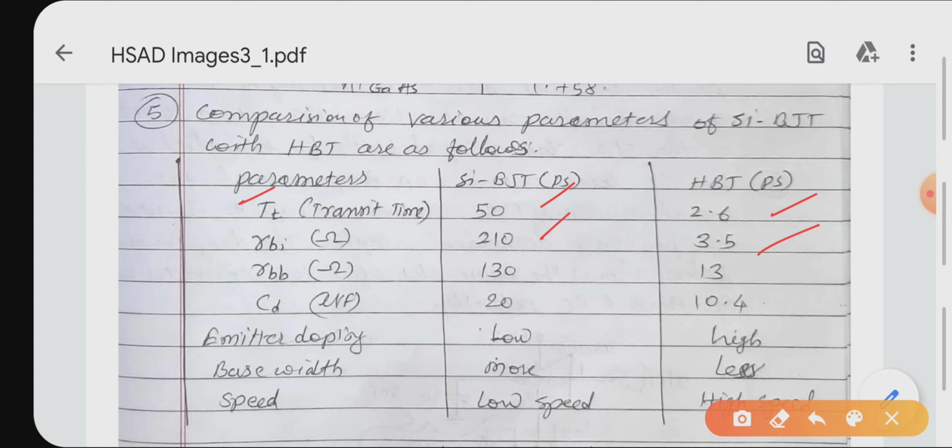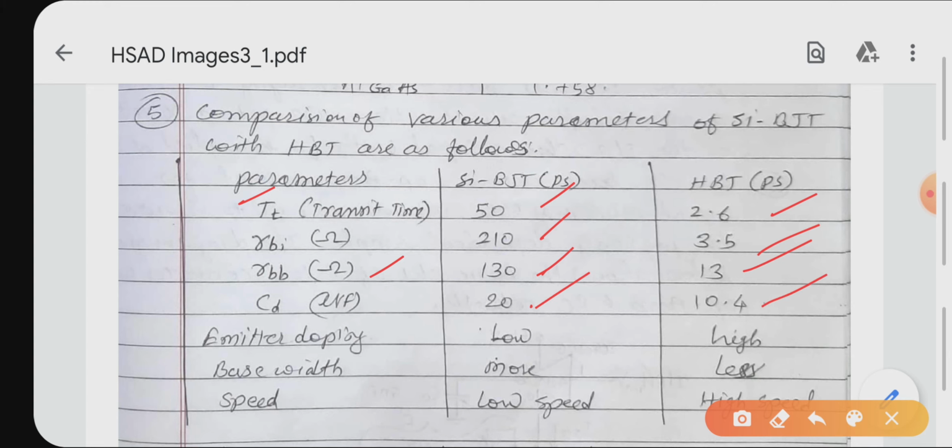The base resistance is 130 ohm in case of an ordinary silicon transistor, and in case of HBT it is only 13 ohm. The diffusion capacitance is 20 microfarad, and 10 microfarad in case of HBT.